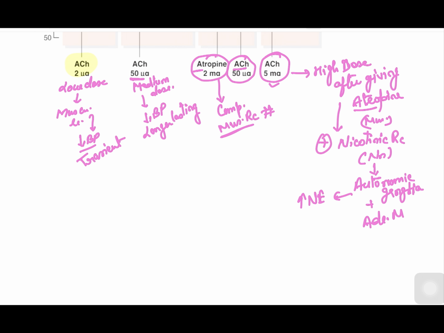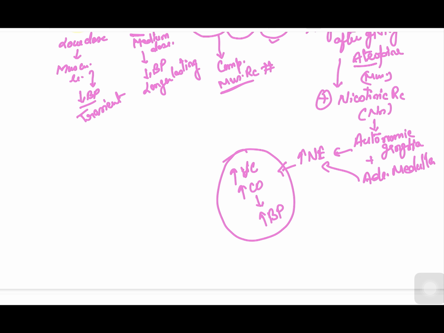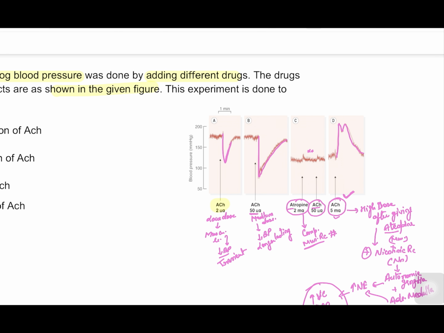Plus it will also stimulate adrenal medulla, and when it stimulates adrenal medulla, it will also start releasing more epinephrine and norepinephrine. And what will they cause? They will cause severe vasoconstriction, they will increase the cardiac output, which will increase the blood pressure.